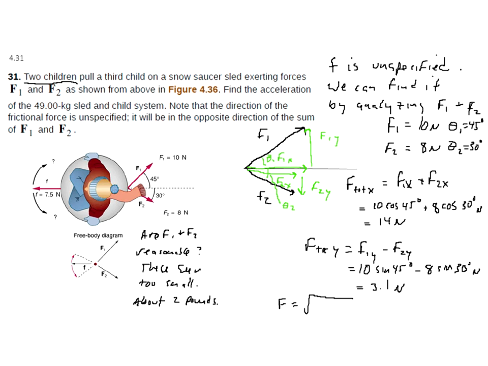So F equals the square root of the x component squared plus the y component squared, or 14 newtons.